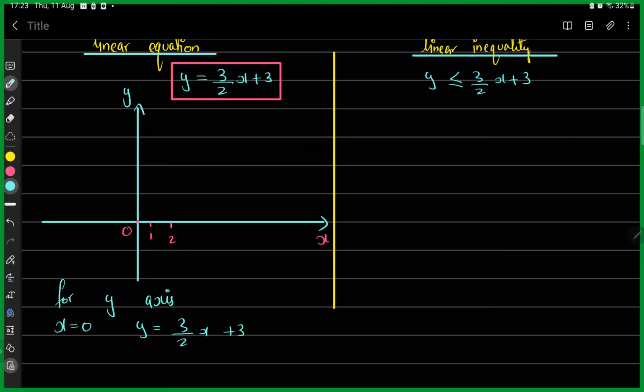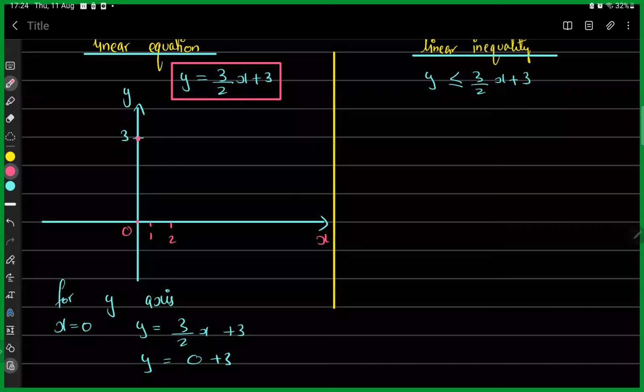I will plug in x equals 0 here in order to see the y value. And this would give me the y value on the y-axis basically. So this would become y equals 0 plus 3. This means that when x is 0, y is 3. So y is 3 and x is 0. So this is going to be the first point.